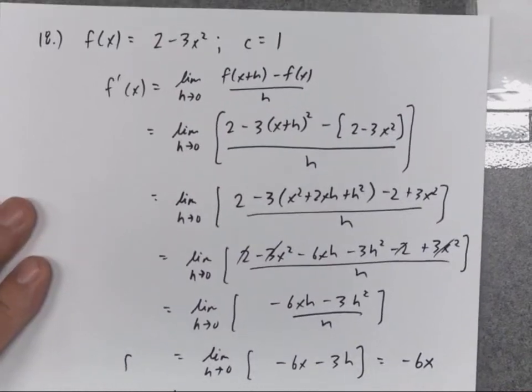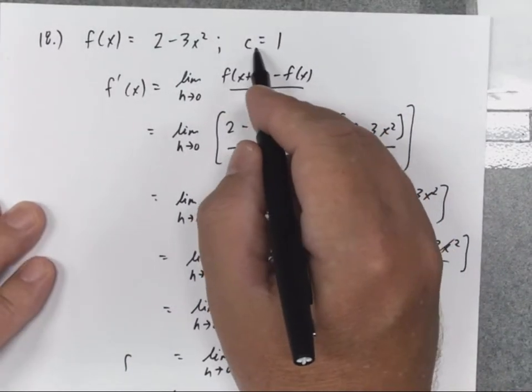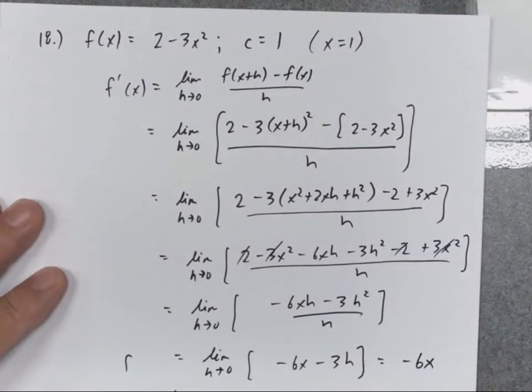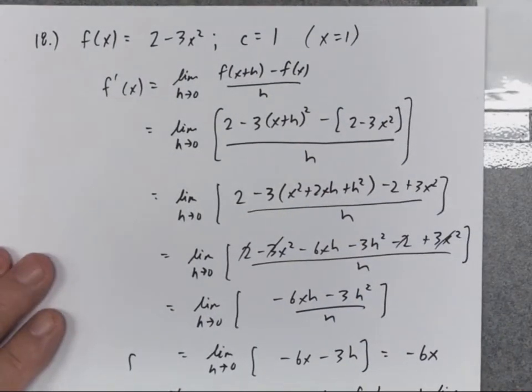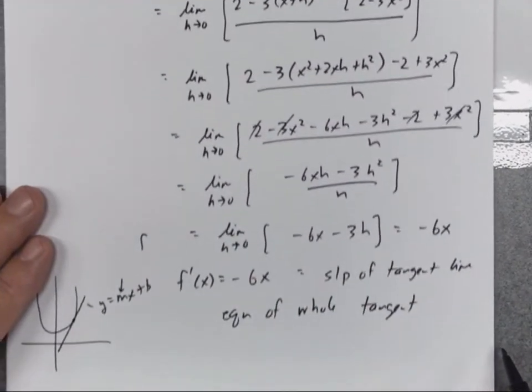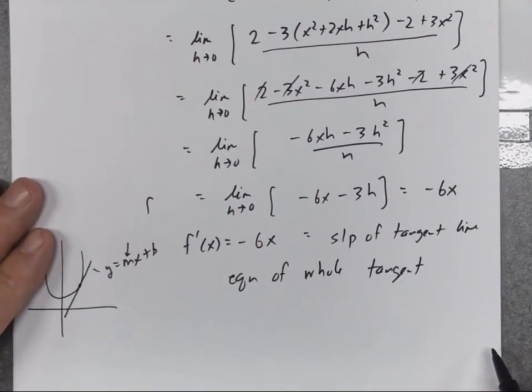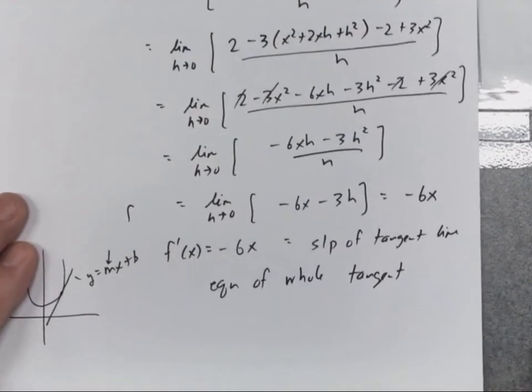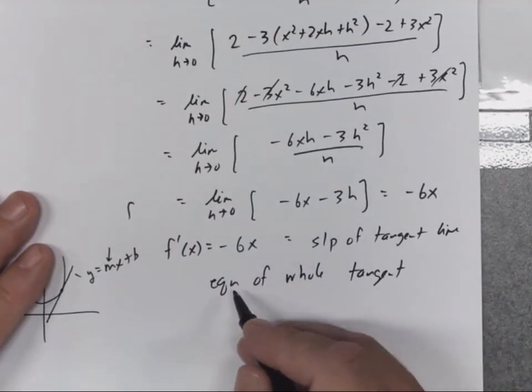Now, for us, this c equals 1 is a way of saying, really, x equals 1. So we want to go for x equals 1 and look at the tangent line and find the equation of the tangent line at x equals 1. I can put it here.